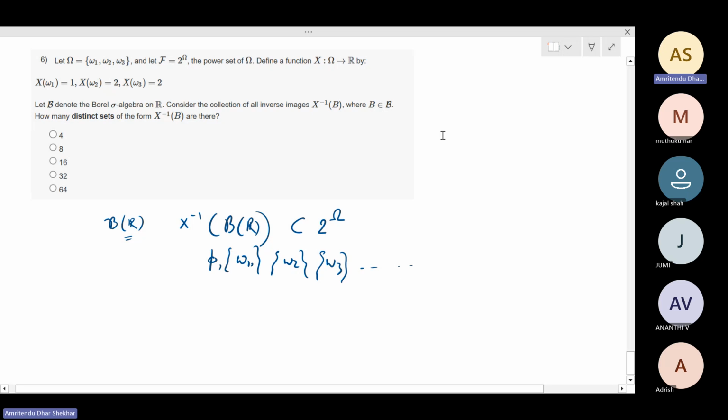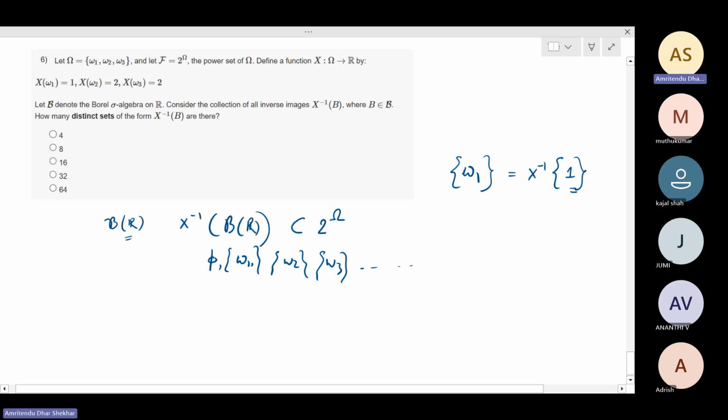So for instance, let's say omega 1. Is omega 1 the inverse image of a Borel set? The answer is yes. Why? Because omega 1 is equal to x inverse of 1.